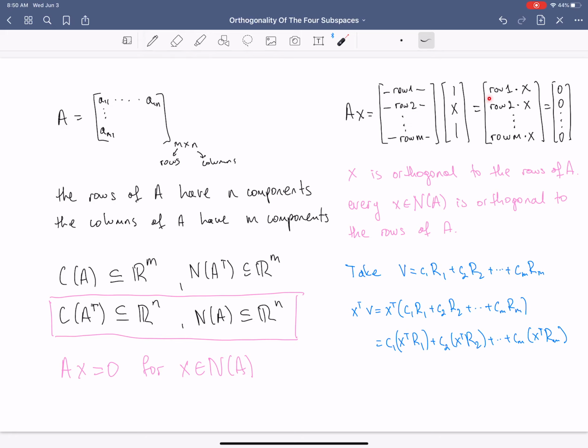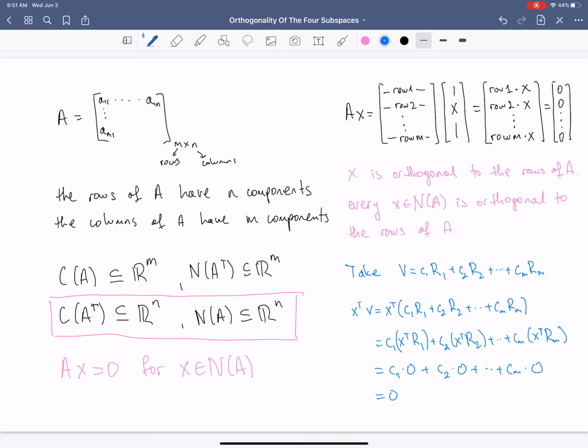So if the dot product of row 1 and X is 0, then X transpose row 1 is also 0. So don't worry about the ordering there. You see you have C1 times 0 plus C2 times 0 plus CM times 0, and all that adds up to 0, and these zeros are the 0 vector.